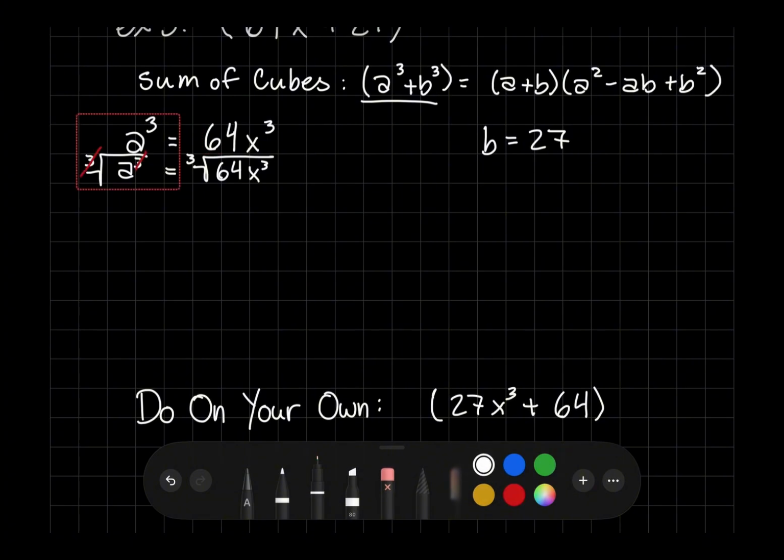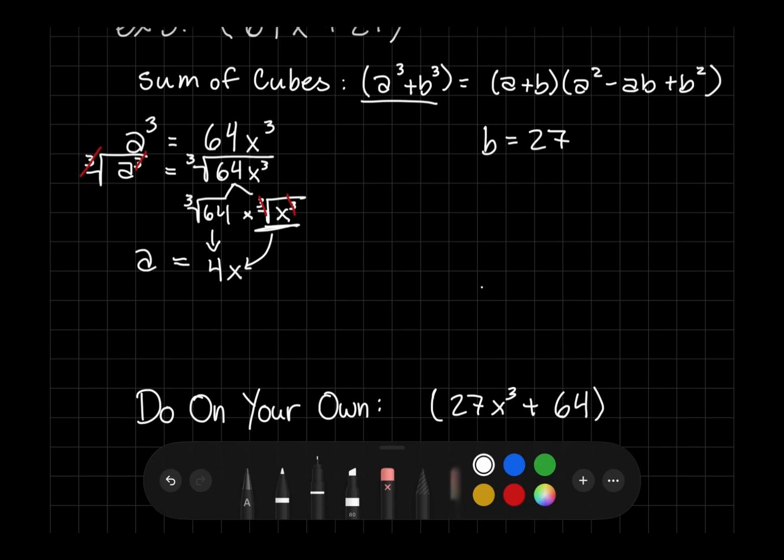As we saw earlier, I can split this up, so I'm dealing with the cube root of 64 times the cube root of x cubed. Cube roots and cubes cancel out. And then plugging into your calculator, we know that the cube root of 64 is going to be 4. I am left with x. And then we know a is equal to 4x.